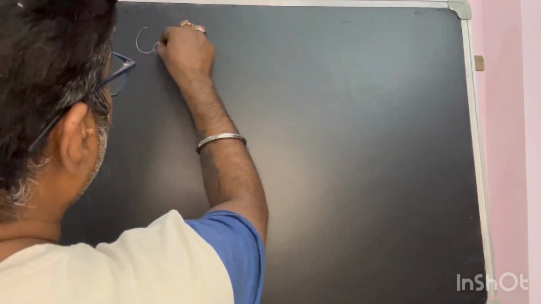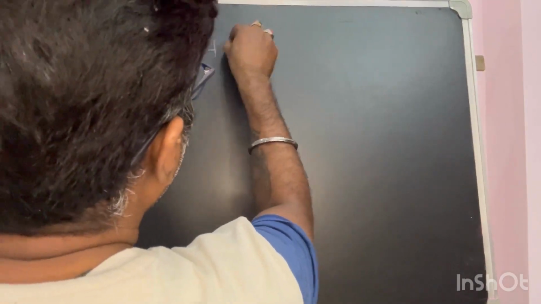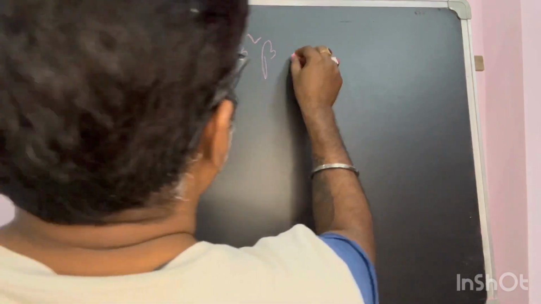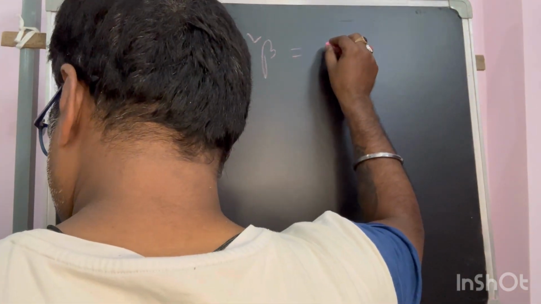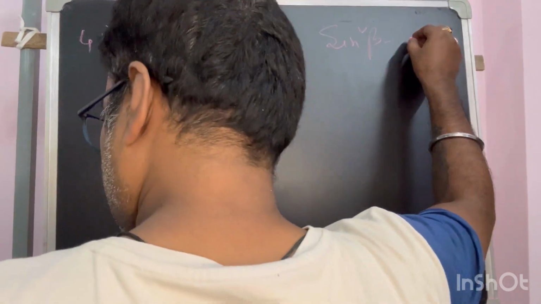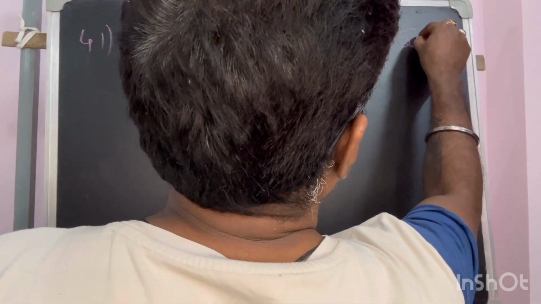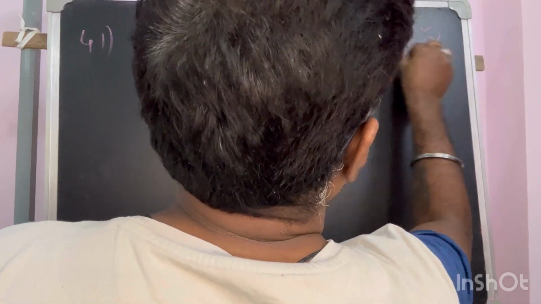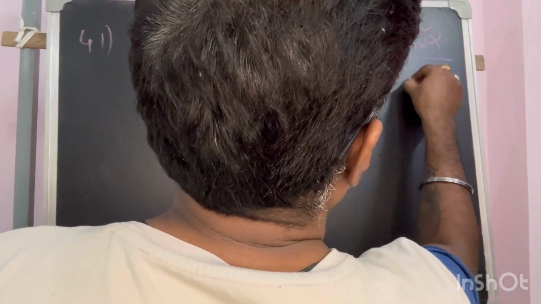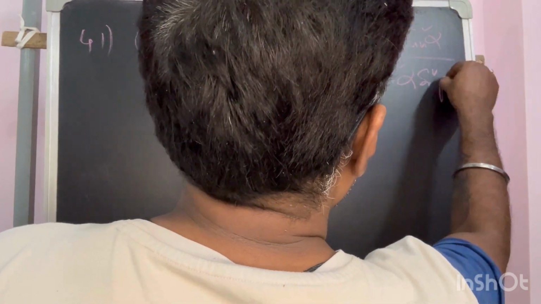Now I move into 41. Cot square theta plus cot square alpha, cot square alpha plus cot square beta, that you have to prove as sine square beta minus sine square alpha divided by sine square alpha sine square beta.